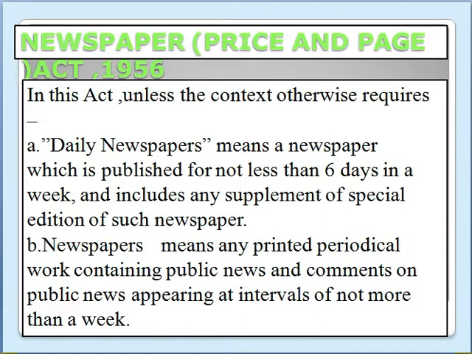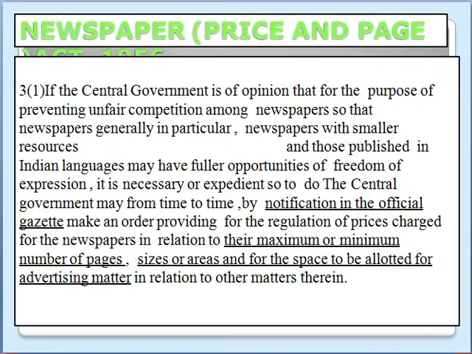It should be 7 days a week, but at least 6 days a week. It should include a special supplement of such newspaper. And the most important part for a periodical to be a newspaper is that it has to contain public news and comments on public news appearing at intervals of not more than a week. So those are the most important requisites to be a newspaper.